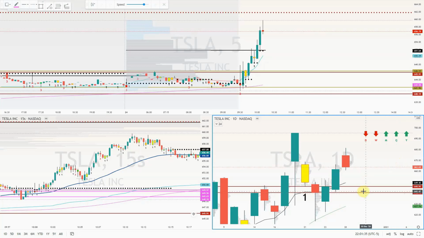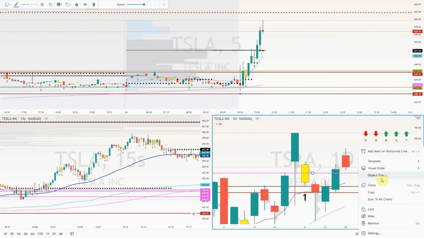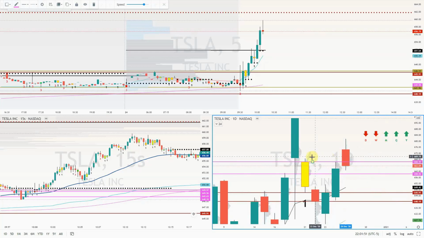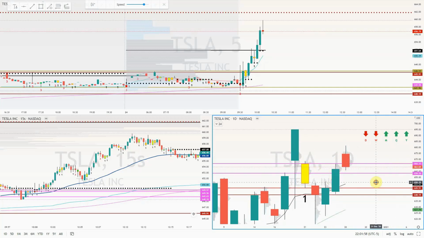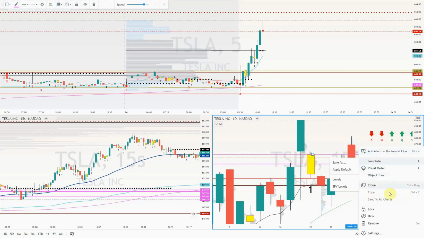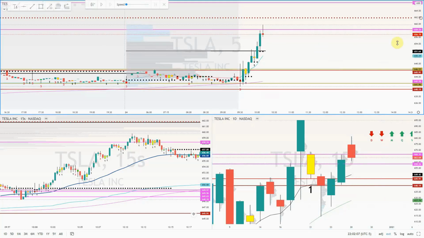So based on where this opened, I would have looked left, probably had this as my primary target, and then that close, and then potentially the wick of that candle. And we can see it went up to that open and then pulled back a little bit. So let's just sync both these levels to all charts.